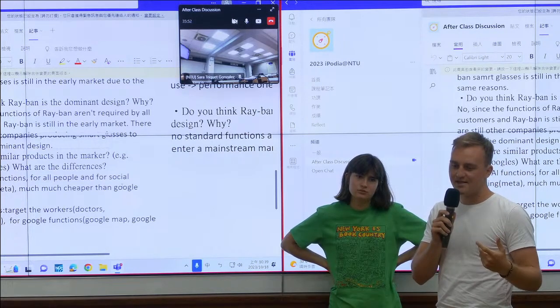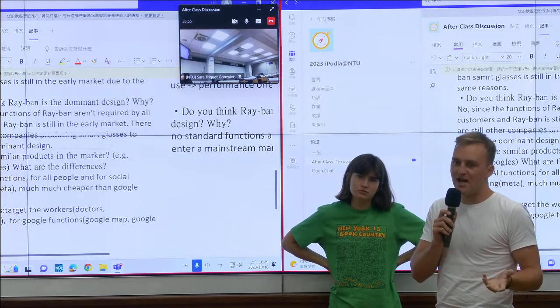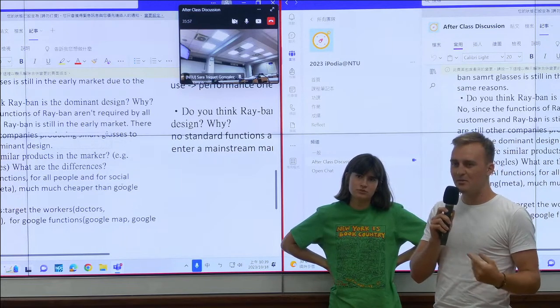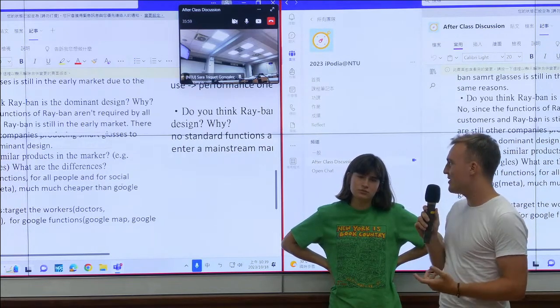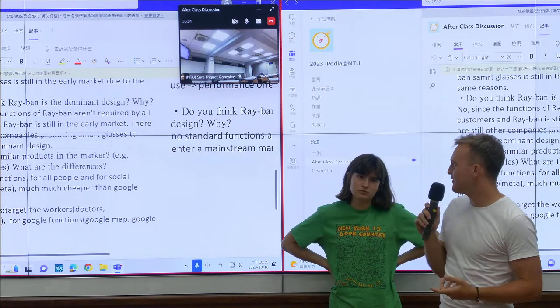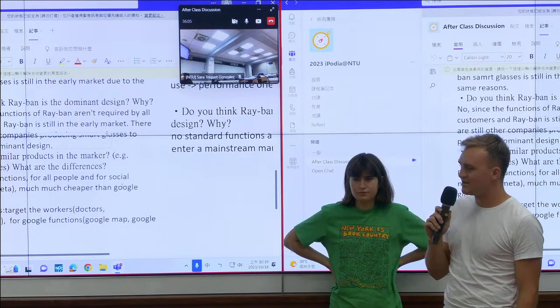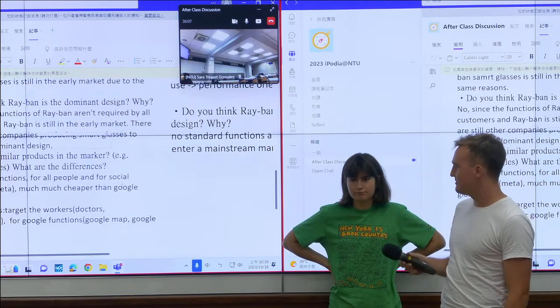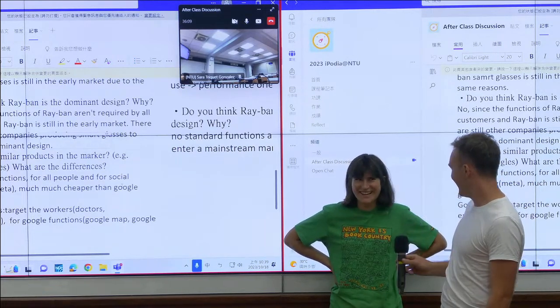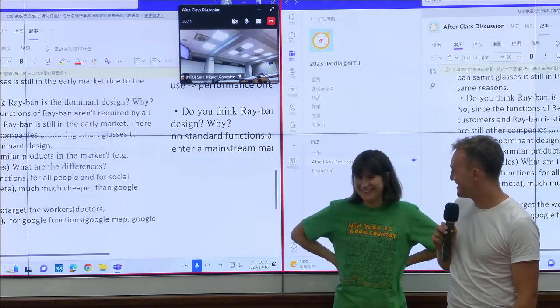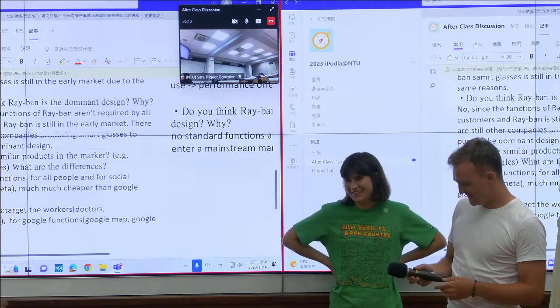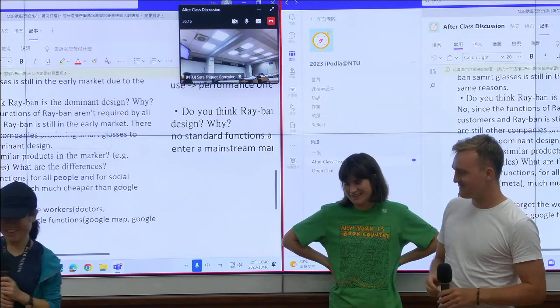But smart glasses used in the real world wouldn't have those markers, so they would have to process way more. So I think that's the difference why the market share is so low. Yes, I think that's all for our group. Thank you.